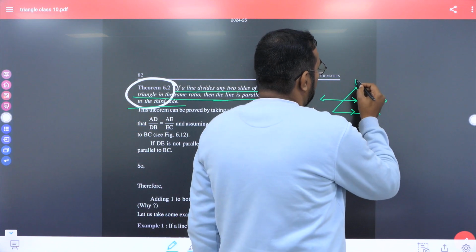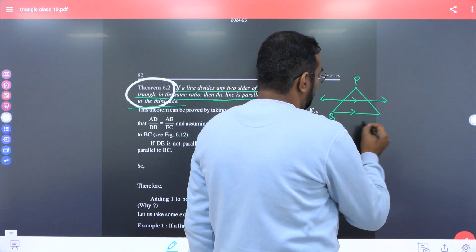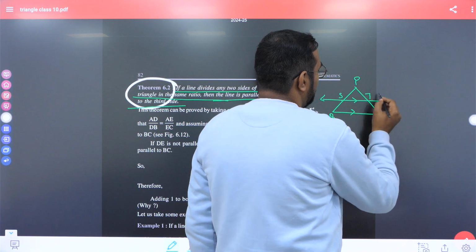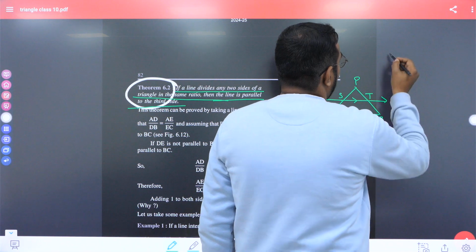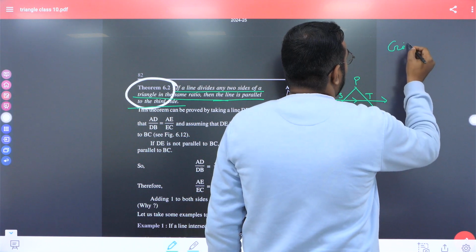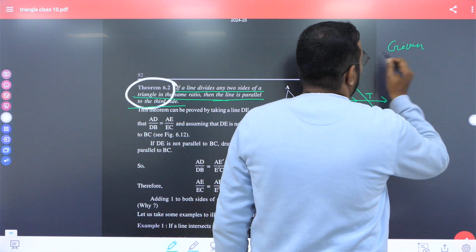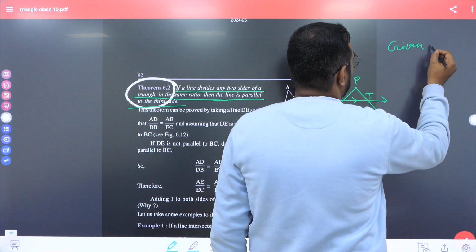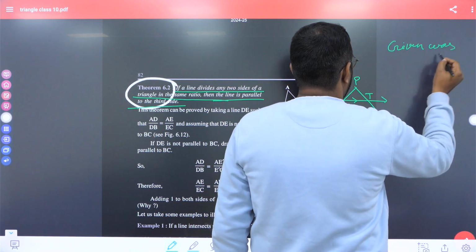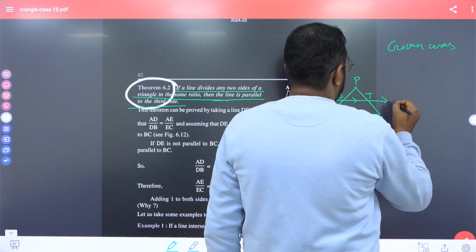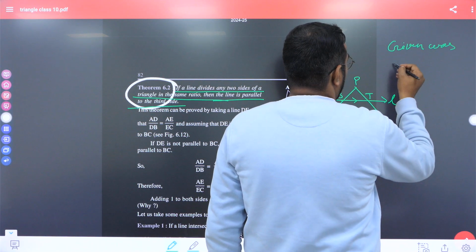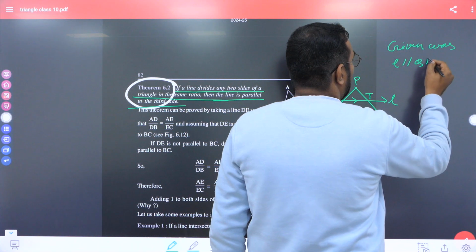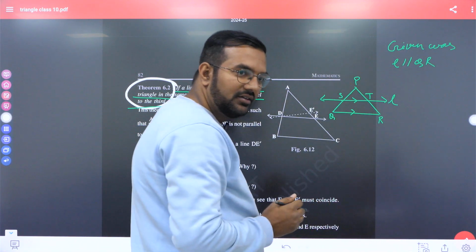Okay beta? P, Q, R, S, T. In theorem 6.1, given was this line L is parallel to QR, right?